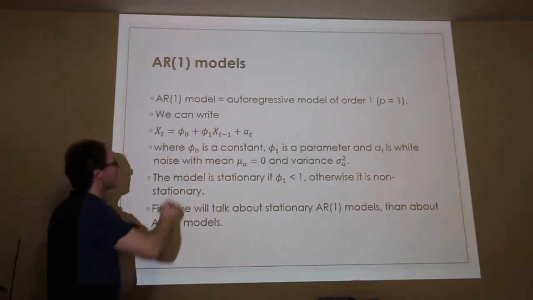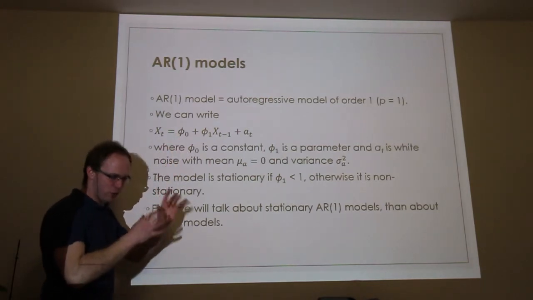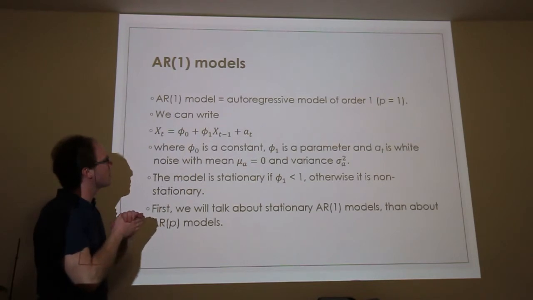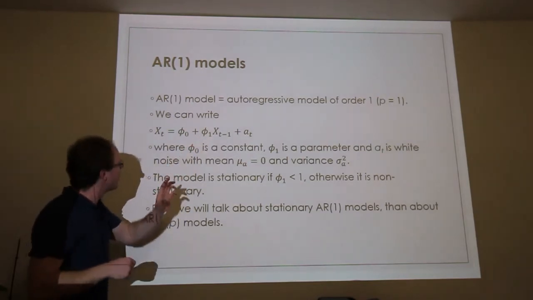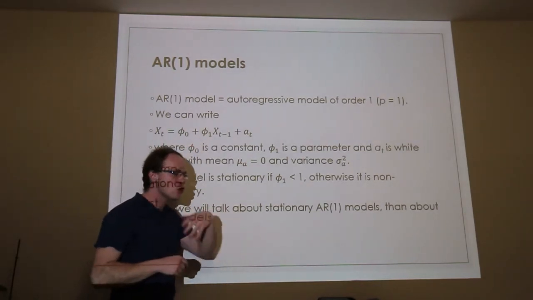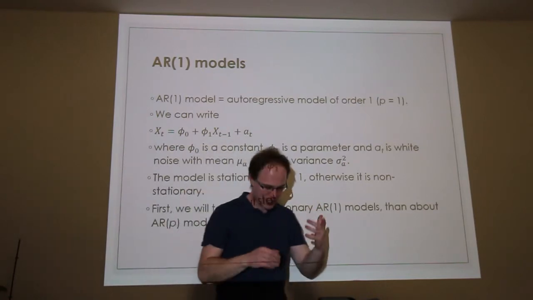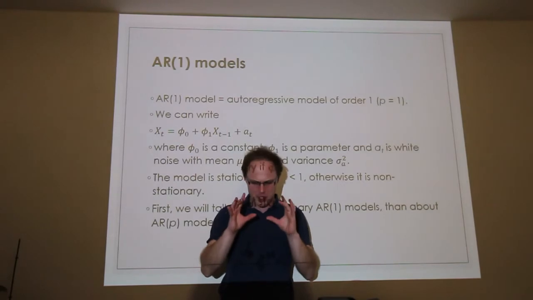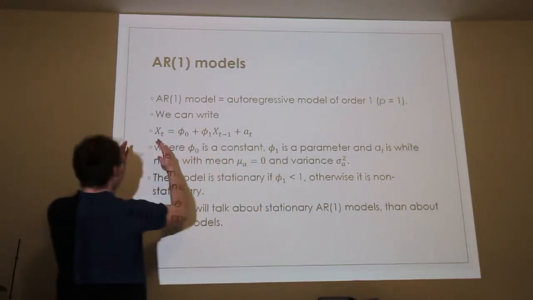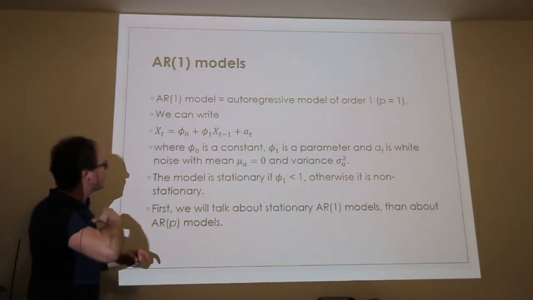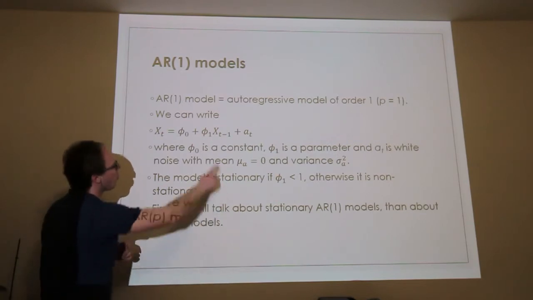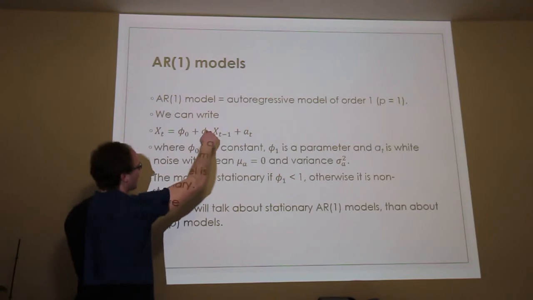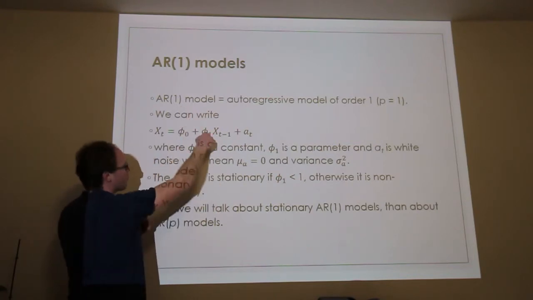Now it's necessary to say what is written here. The constant is not interesting for us. The most interesting is the parameter phi 1, which is the measure of dependence on the previous value in the particular time series. I in time t depend on me in time t minus 1 in such a way, phi 1.